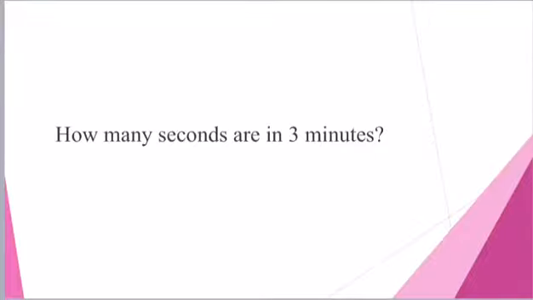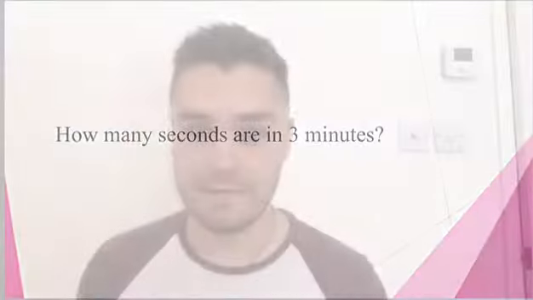So to figure out how many seconds there are in 3 minutes, a really useful thing to do is to bring it back to that really basic measurement of time. And hopefully by now we all understand that there are 60 seconds in 1 minute. Now you're probably thinking, Mr. Ball, I need to know how many seconds there are in 3 minutes.